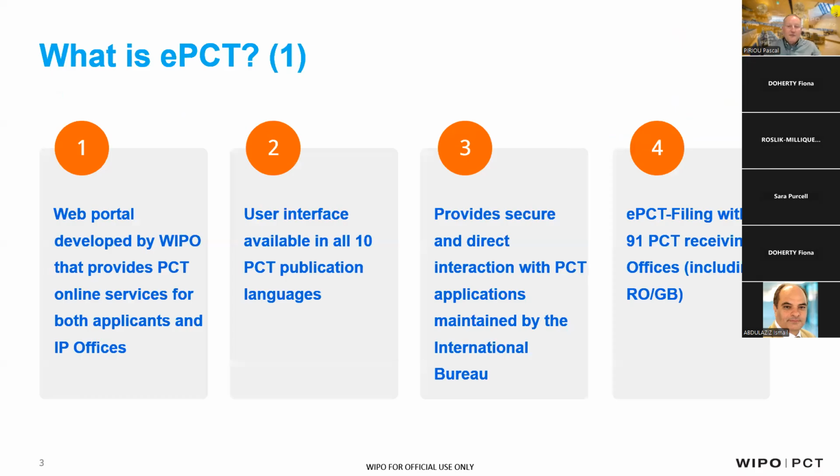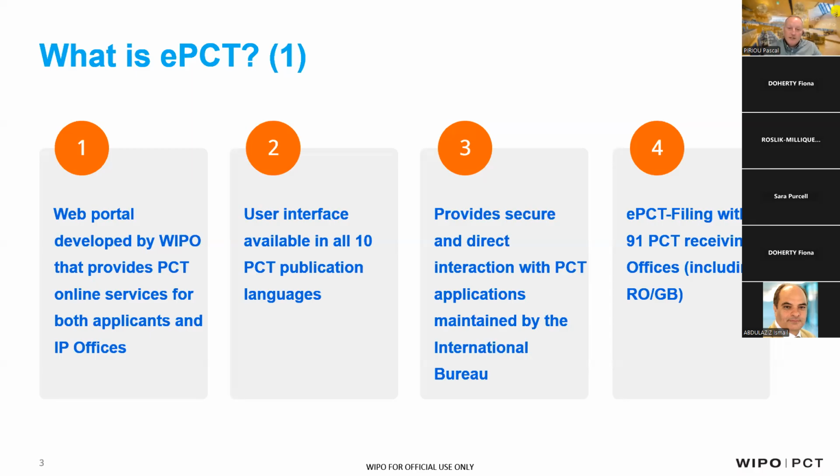I hope that all of you have already used ePCT, but in case you don't know what is ePCT, ePCT is a web portal developed by WIPO that provides PCT online services for both applicants and IP offices. The user interface is available in all 10 publication languages, and for sure it's available also in English.